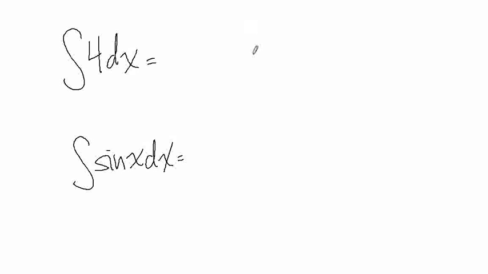All right, so I'll go ahead and answer these myself now. So to find the antiderivative of the number 4 with respect to x, the game we have to play, the question we have to ask, is the derivative of what function is equal to 4.